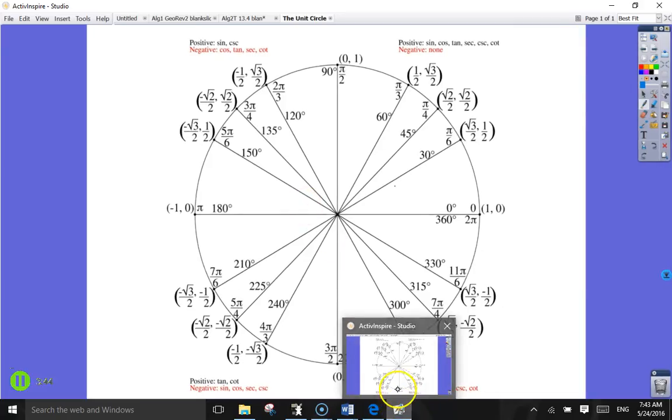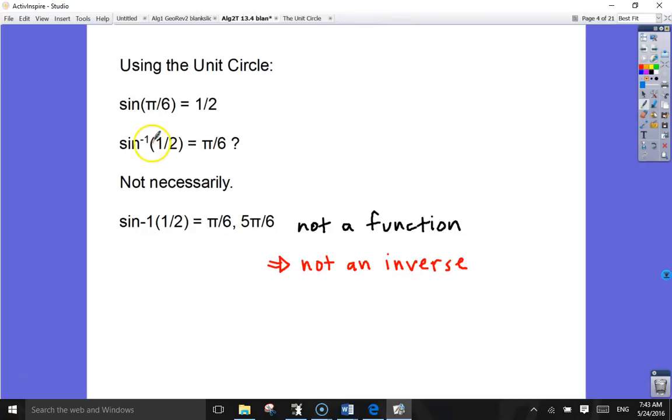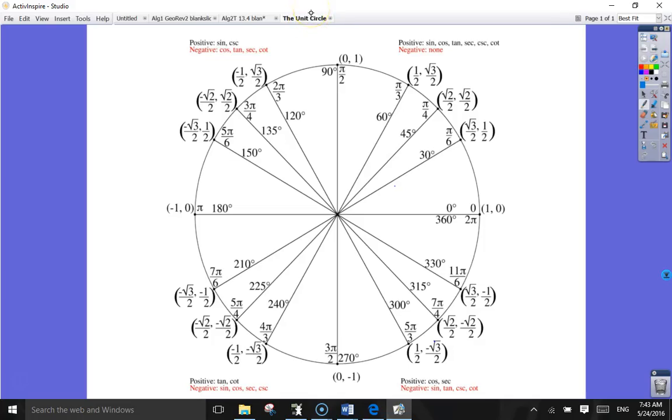What is the sine inverse of 1/2? That's like saying, where does the sine equal 1/2? And looking on the unit circle, the sine equals 1/2 here. That's true, so that would tell me that the answer is pi over 6. But actually the sine equals 1/2 here too, at 5 pi over 6.